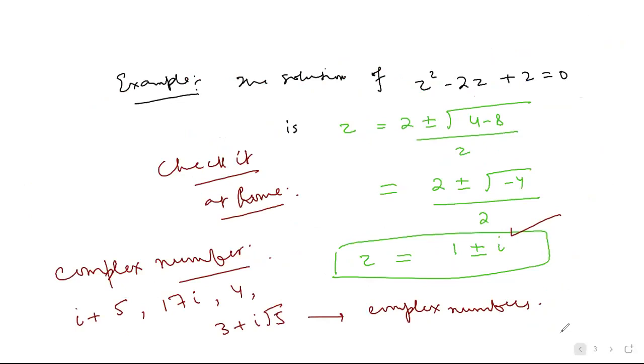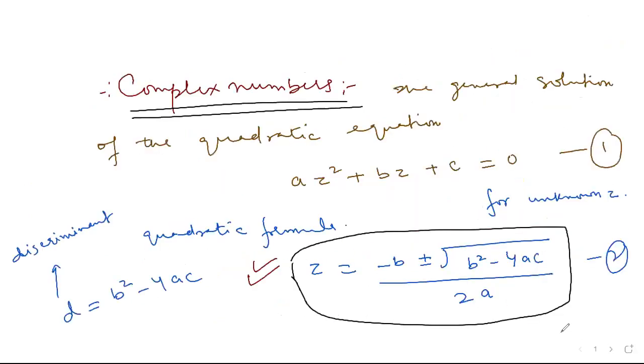So we started with the quadratic equation in unknown z, and we said its solution is given by this quadratic formula, equation 2.